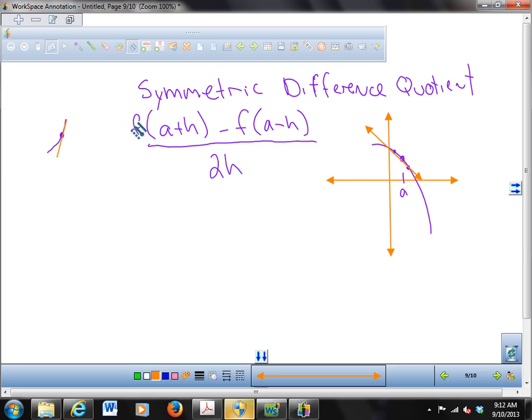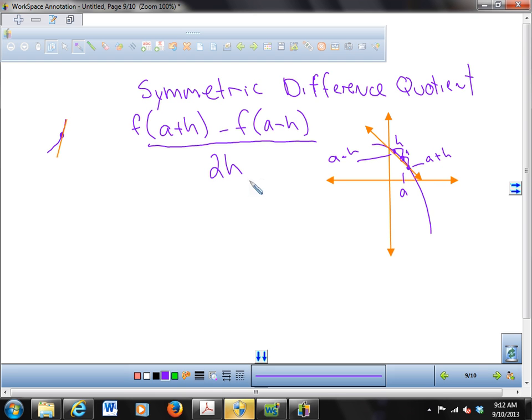So that's a symmetric difference quotient where the distance from here to here is h, and the distance from here to here is also h. So this point right here would be a minus h, and this point over here would be a plus h for the x coordinates, right? And then the y coordinates would be f(a+h) and f(a-h). So the distance between those 2 points is 2h.